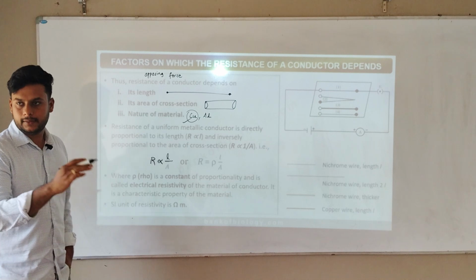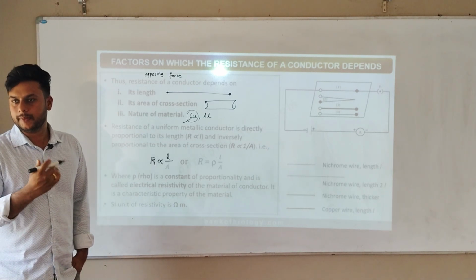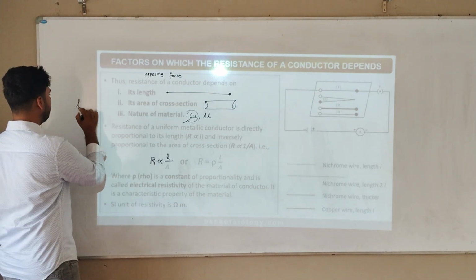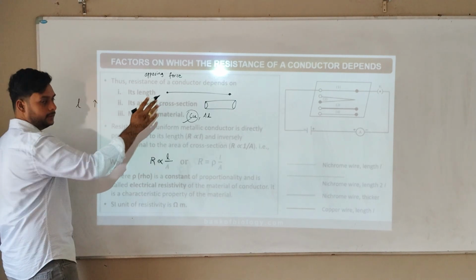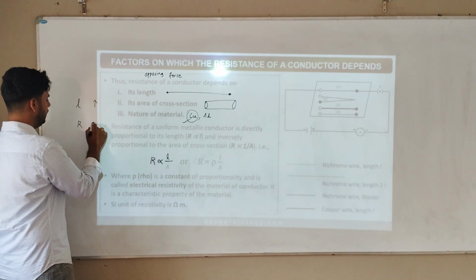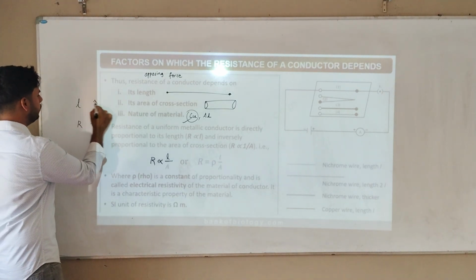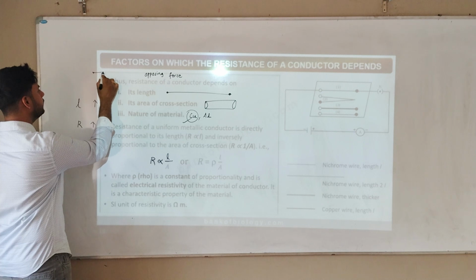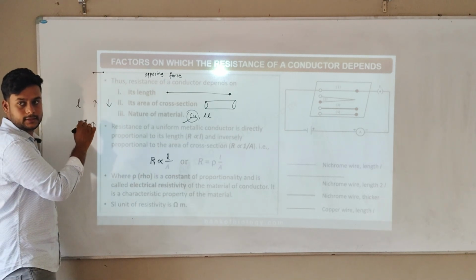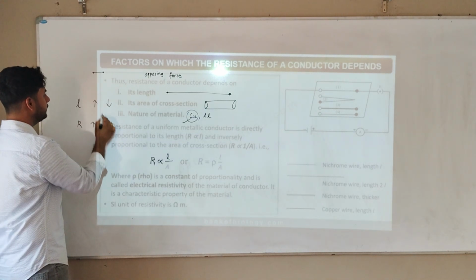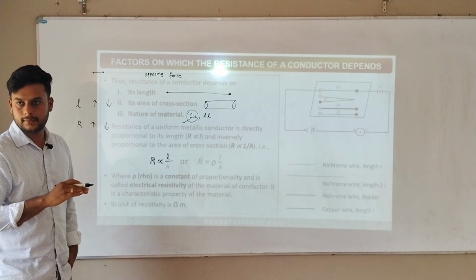The higher the length, the higher the resistance. If the wire is very small, then resistance will be less, and current will pass easily.